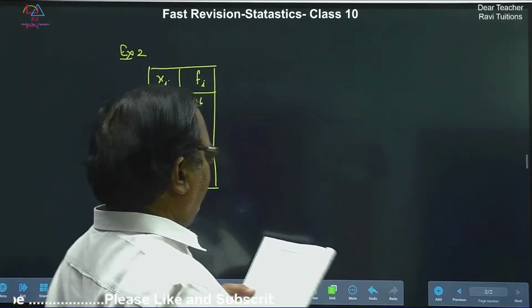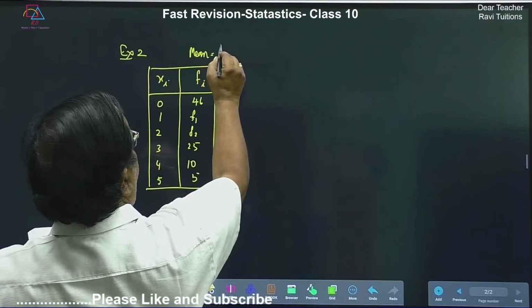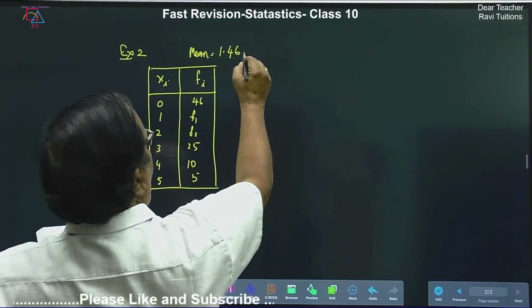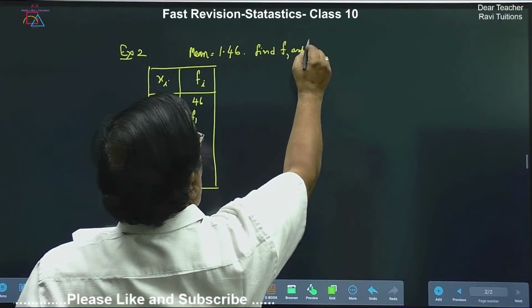Okay, the mean is equal to 1.46. Find f1 and f2.